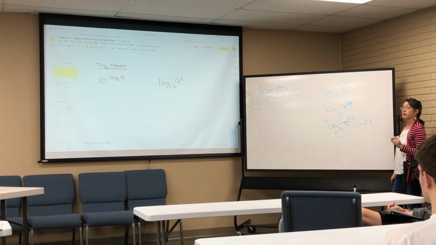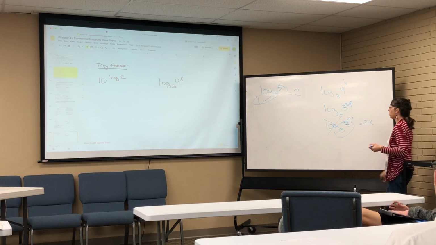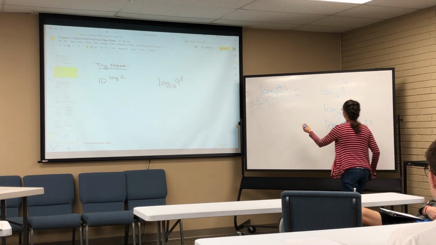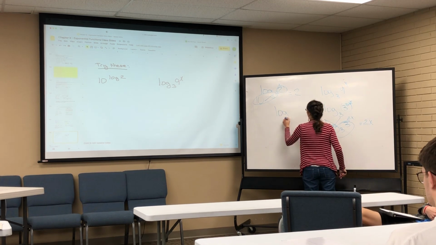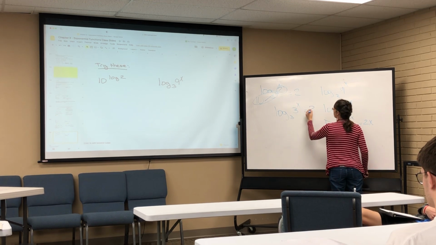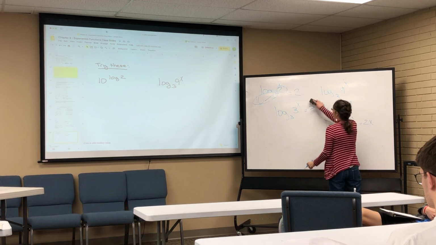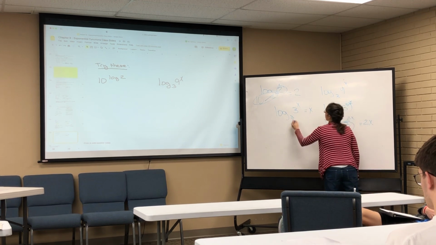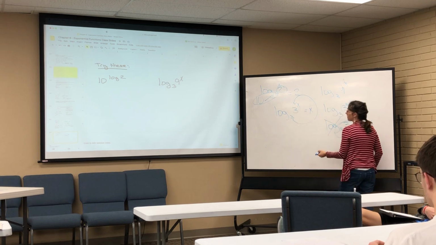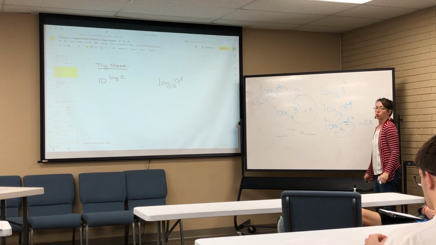Just as a verification, let's use the log rule and see if this works. If I have log 3 of 3 to the x and it equals something, right? We call that something x. The log rule says I write my 3 lines. What goes first?